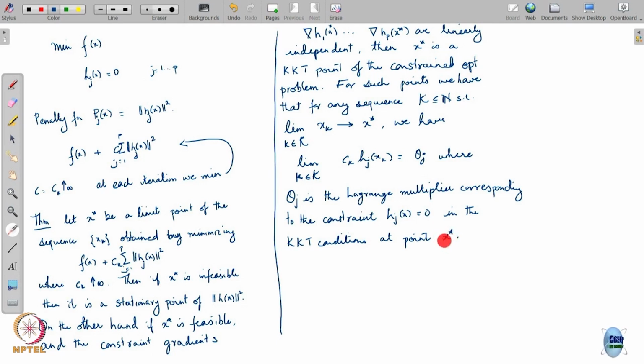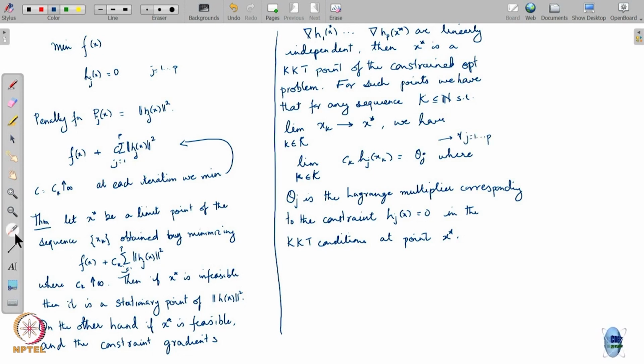All right. So, this is true for each equality constraint; this holds for all j going from 1 to p, all the p equality constraints. Now, what does this mean?